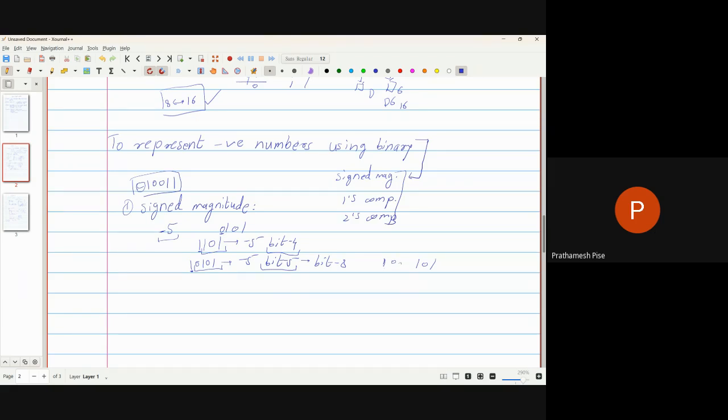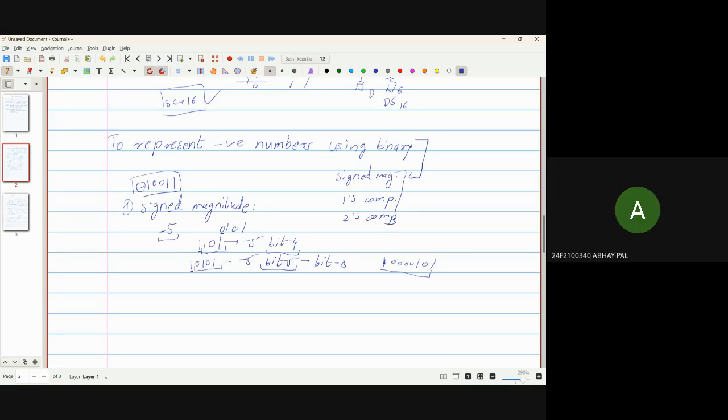So we will give 4 zeros. This will be 8 bit. MSB should remain 1, and we will just add zeros in between. This is the sign extension of signed magnitude, a representation of binary. Correct? Any doubt in this?